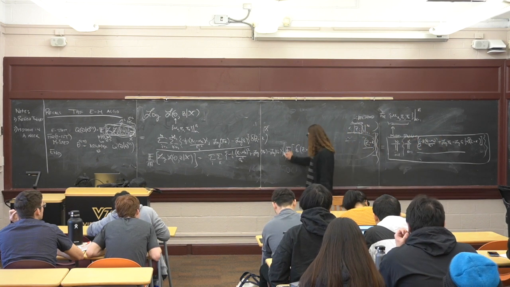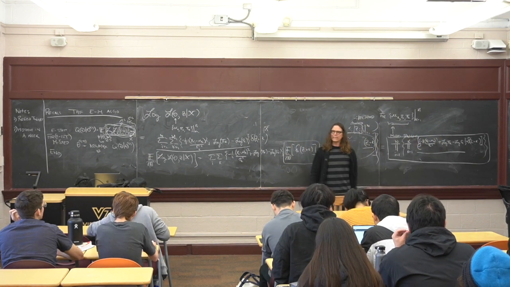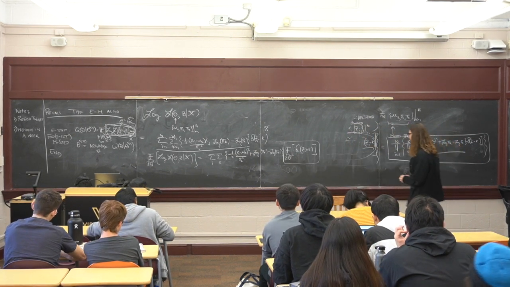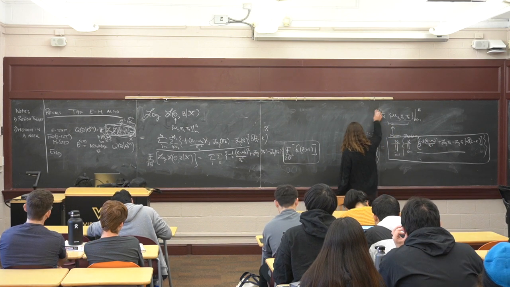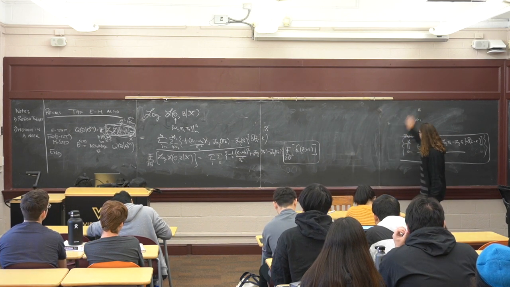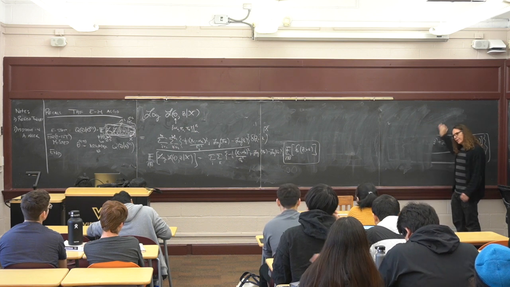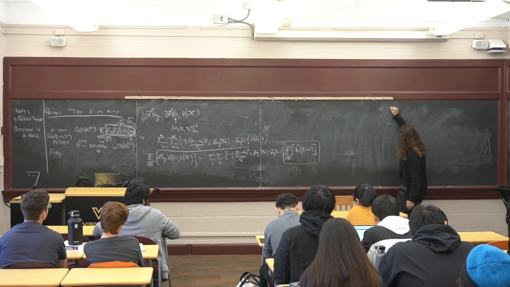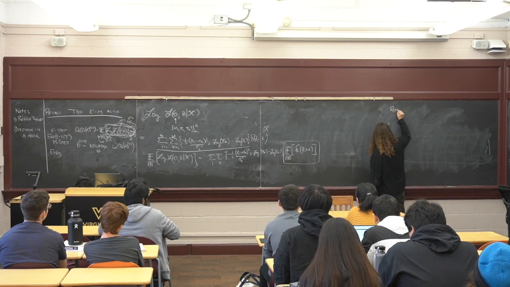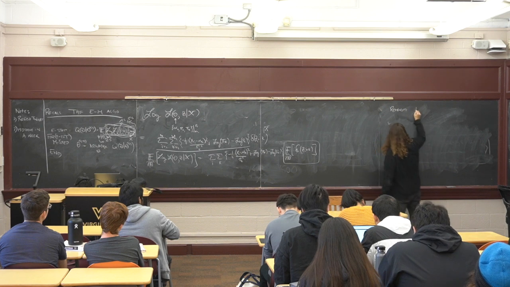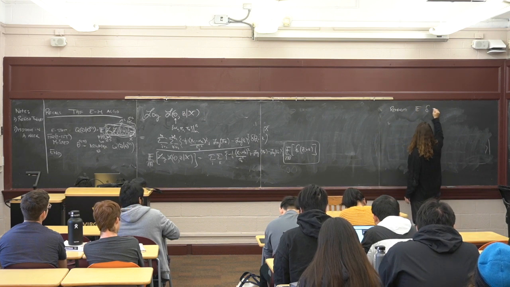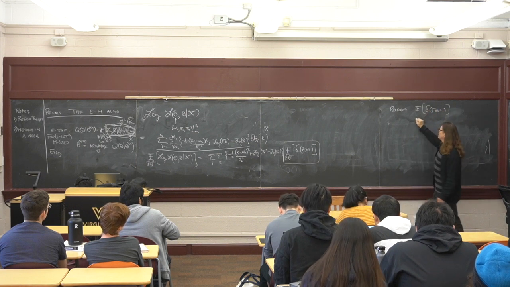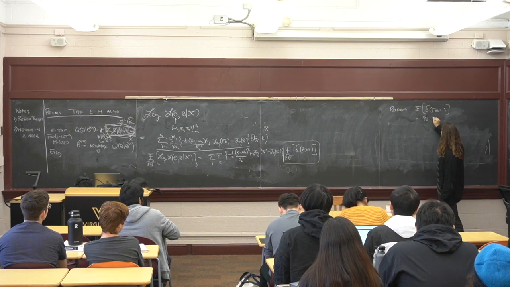If I can figure out what this thing is analytically, then I can start maximizing this. So let's think about what this means. Let me just ask the question first: what is the expectation of an indicator? As a reminder, the expectation of an indicator function of an event, some event that happens, is equivalent to the probability of that event happening.